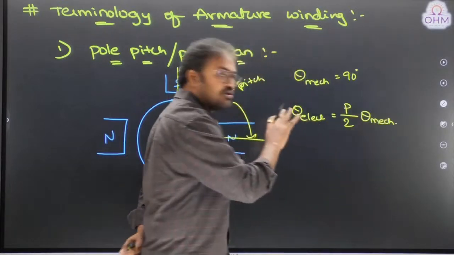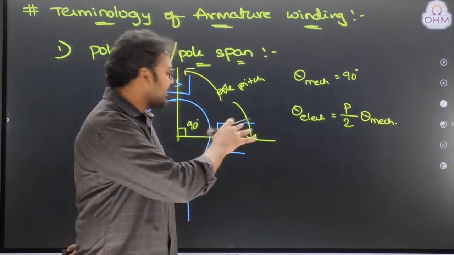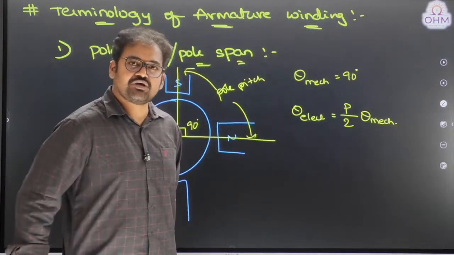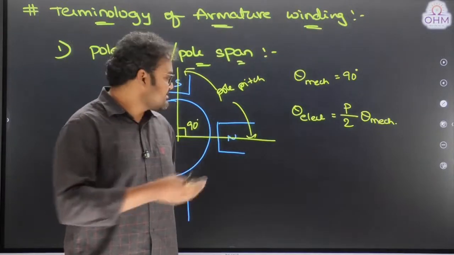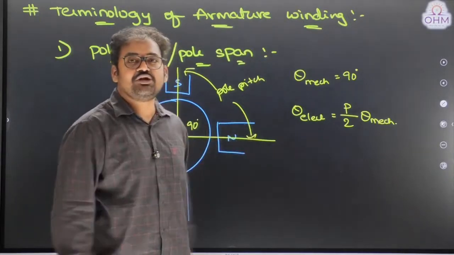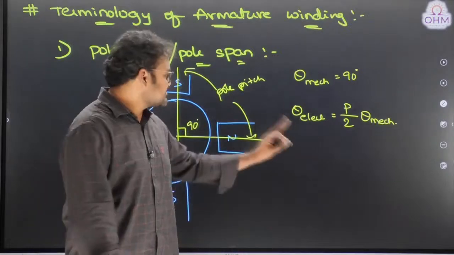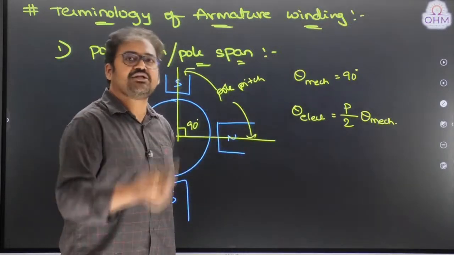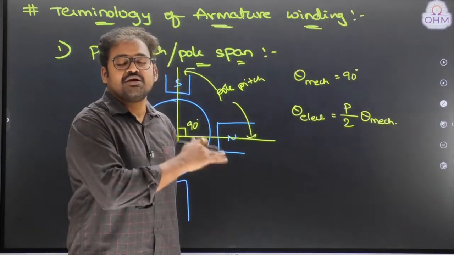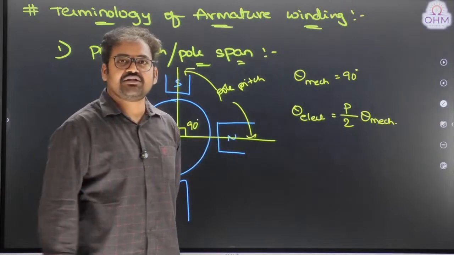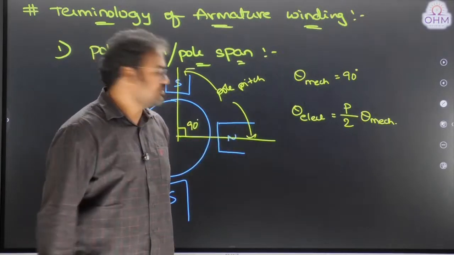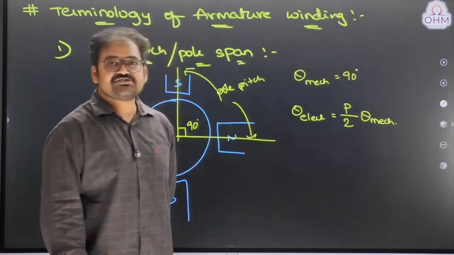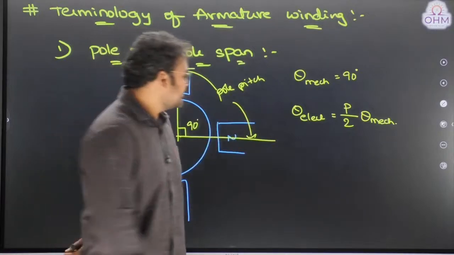Right now, I am not doing the derivation. Even if you don't know it, as a last quick review, you need not learn the derivation, just remember this. But in regular studies, you have to understand the exact relation between electrical angle and mechanical angle through a derivation.